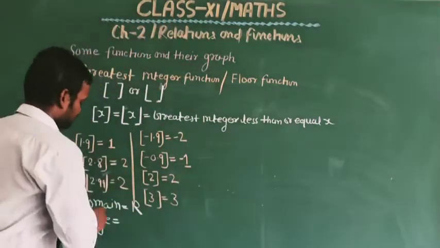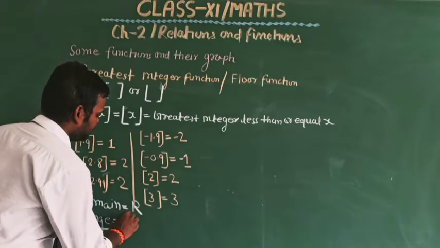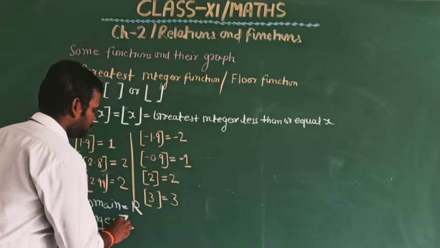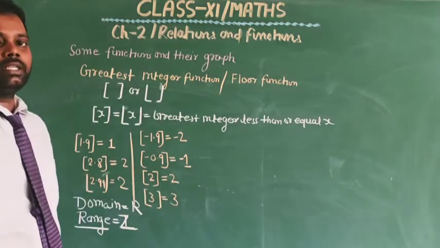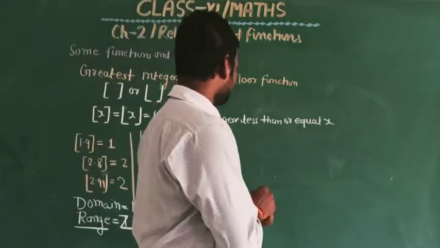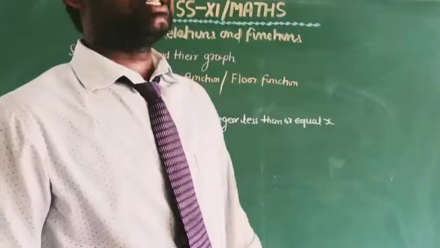So here we can say the range of the greatest integer function is the integers. Okay, integers, and as we know, the integers are denoted by the symbol Z. Clear?